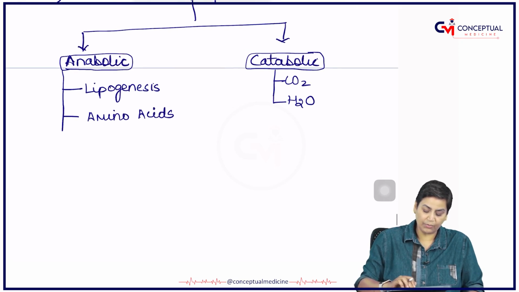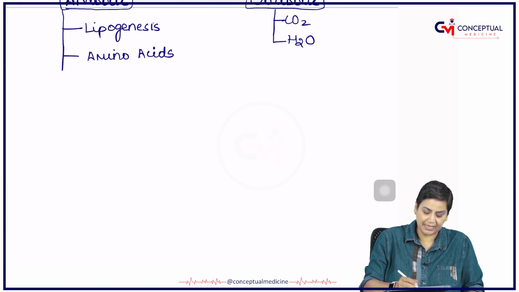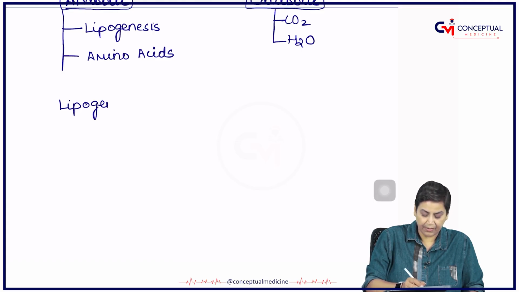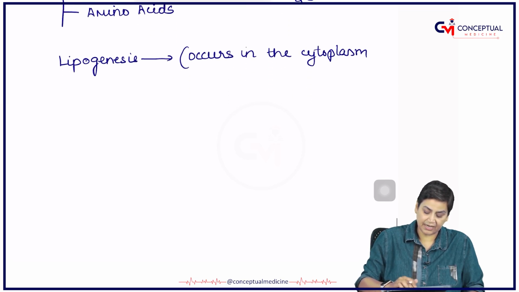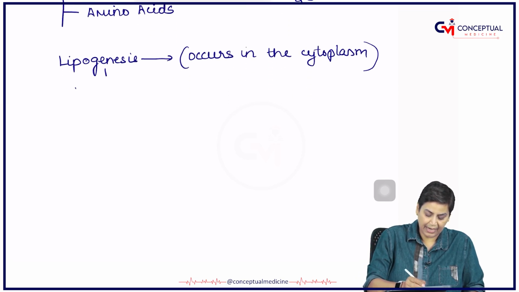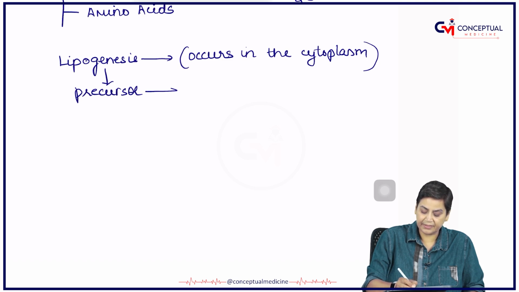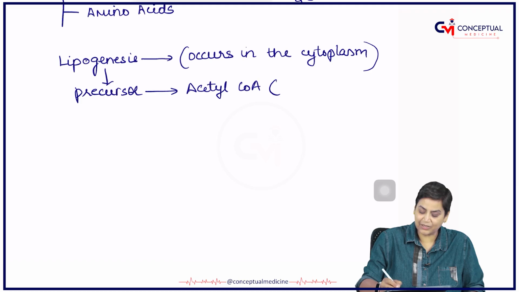Right. And if we talk about lipogenesis, I'll just give you a hint here that lipogenesis always occurs in the cytoplasm. Right. And the precursor of lipogenesis or fats is acetyl coenzyme A. And this acetyl coenzyme A is present in the mitochondria.